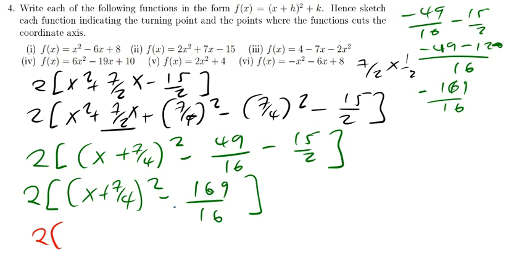So it will be 2 open brackets, then x plus 7 over 4 squared minus, so it will be 2 times that. 2 into 2 is 1, 2 into 16 is 8. This was negative, let's not complicate things. It still comes out negative. So we said 8, so now we are doing 8 times.